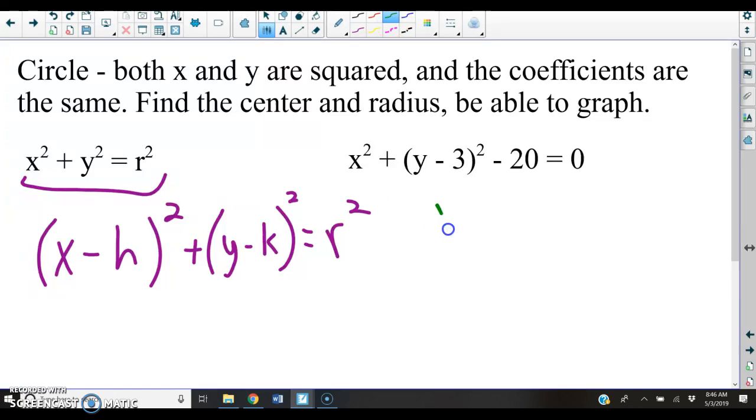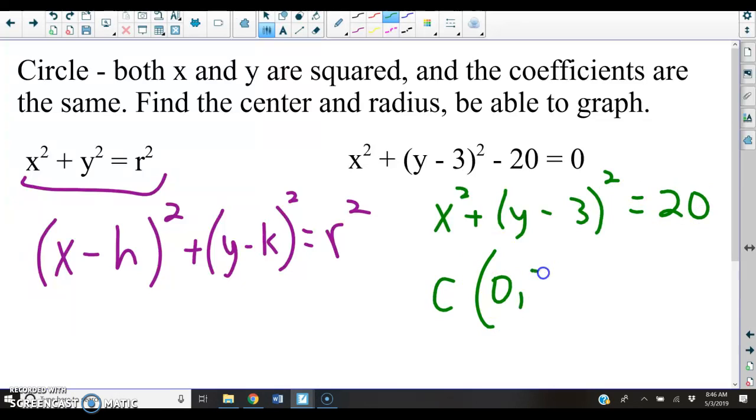And this one, it's almost there, but that 20 is on the wrong side of the equal sign. So my center is going to be 0, 3, and my radius would be the square root of 20. And you're big kids now, you got to simplify those square roots if you can. Don't try to get away with not doing that.